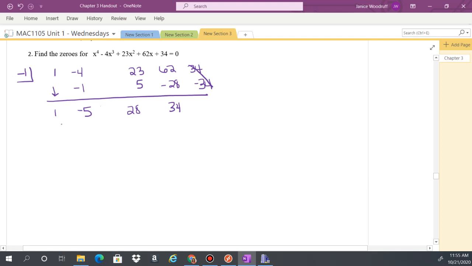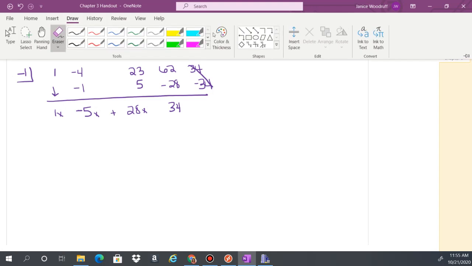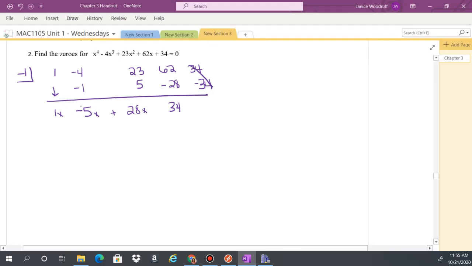So my next function is a 1, and you can do it here too. 1x to the 4th minus 5x cubed plus 28x squared. Sorry, cubed. Start with cubed. There we go. Okay. So 1x cubed minus 5x squared plus 28x plus 34.